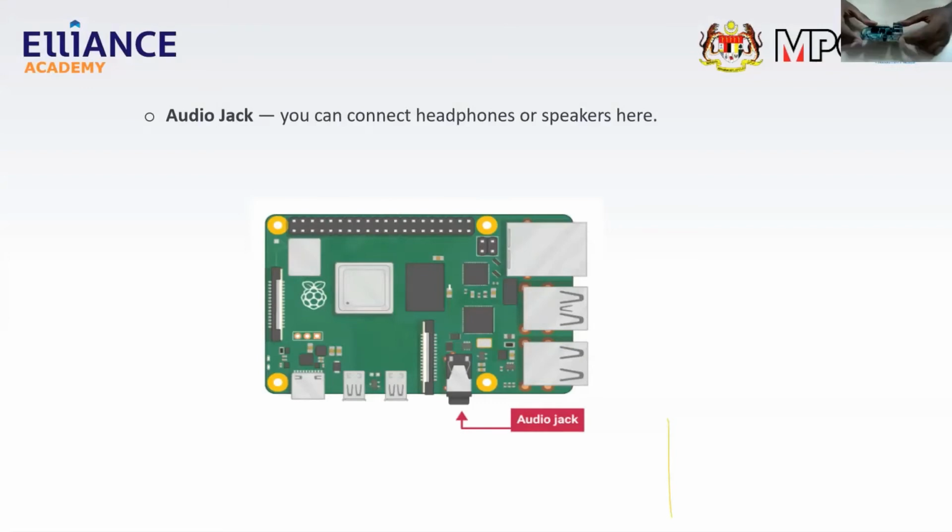Okay, so we have the audio jack. Take a look at the audio jack. The Raspberry Pi comes with an audio jack, where you can connect your headphones or speakers. If you are listening to music, you can directly connect your headphones or speakers here.